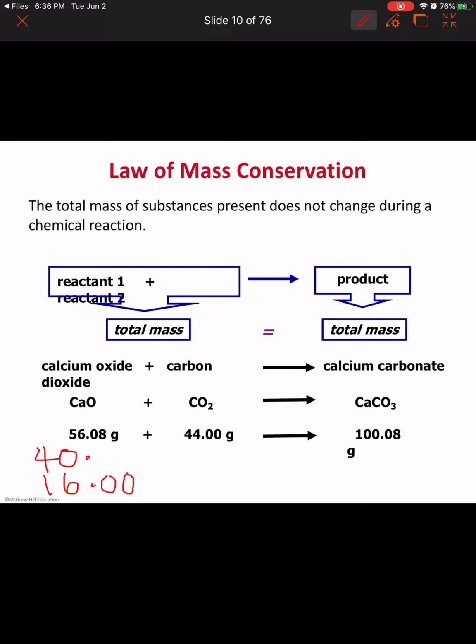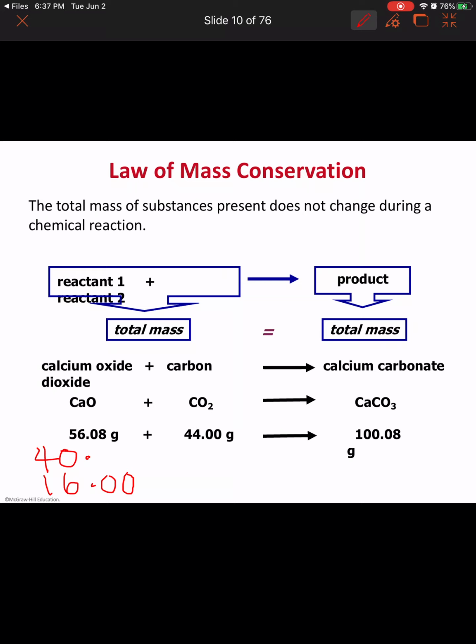I'm going to see if I can find a periodic table so I can see the decimals. I just wrote this down from what I remembered, but anyways, 40.00 maybe.